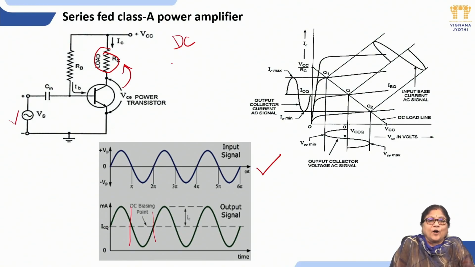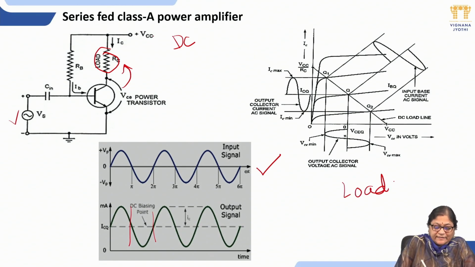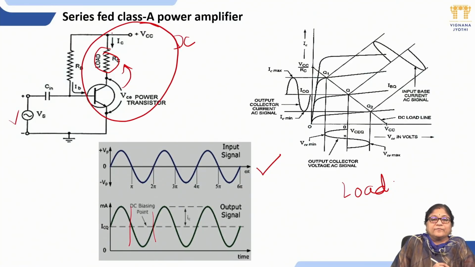The operation of class A amplifier, or class B or class C, will be explained by taking its load line. So how is the load line drawn? First we have to take the DC line. So I am drawing it from the circuit, the output equation.